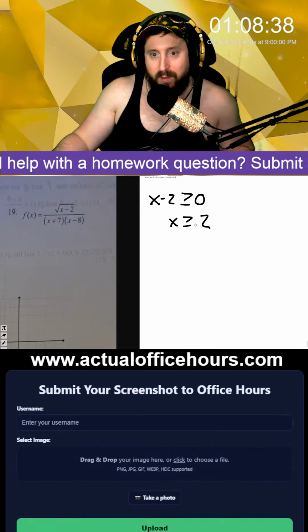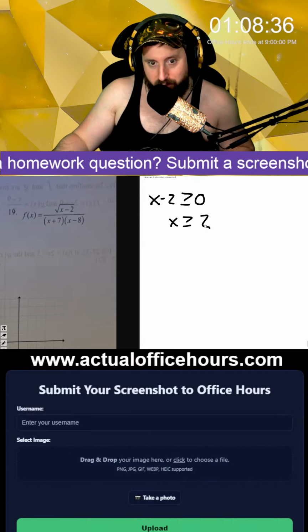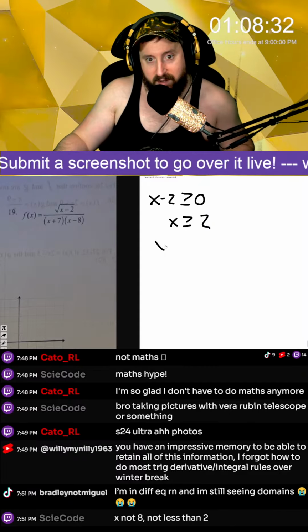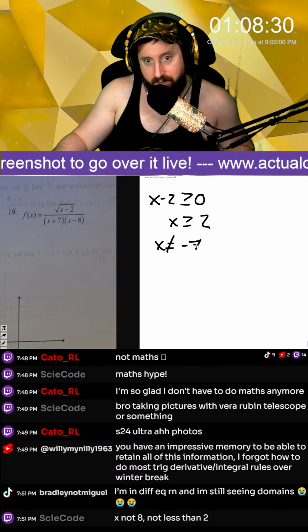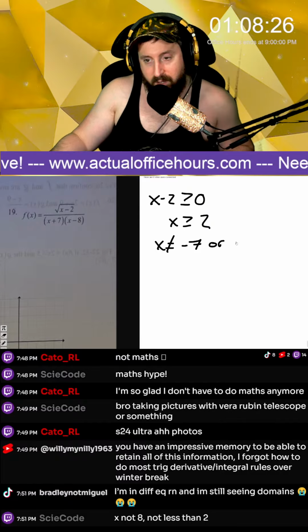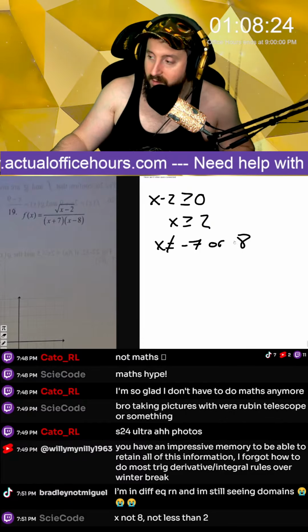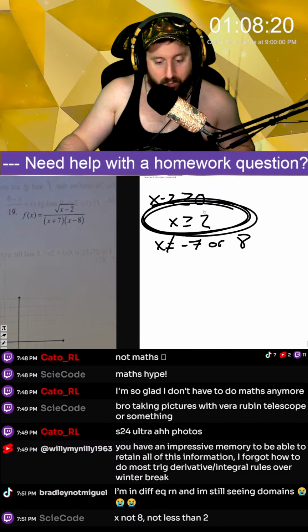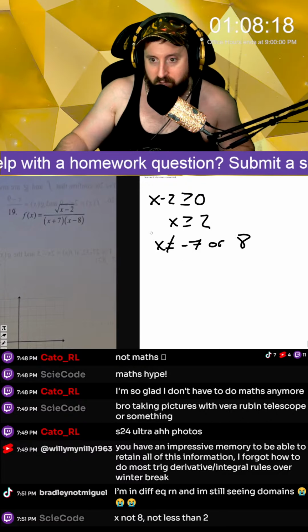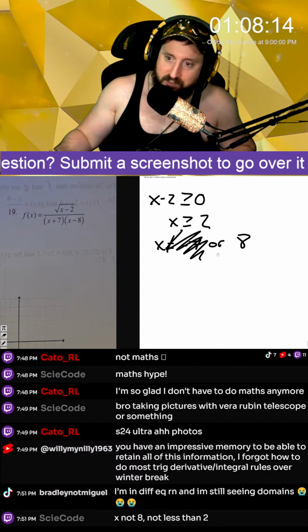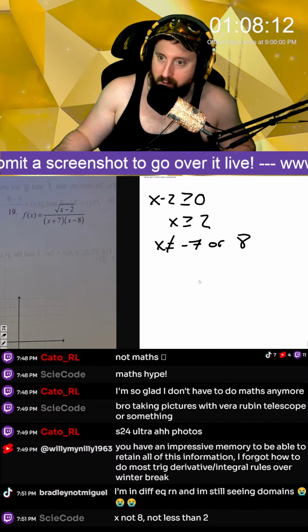Exactly. So x has to be greater than or equal to 2. But then here are some conditions, right? x cannot equal -7, and it can't equal 8. Now, the cool thing is, this restriction on our domain, x greater than or equal to 2, means I don't even care about the -7, because -7 is already banished from here.